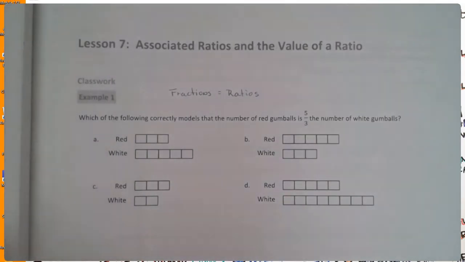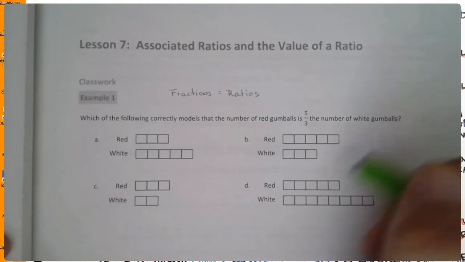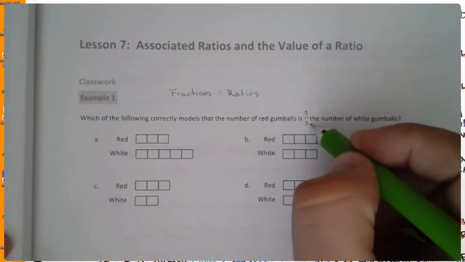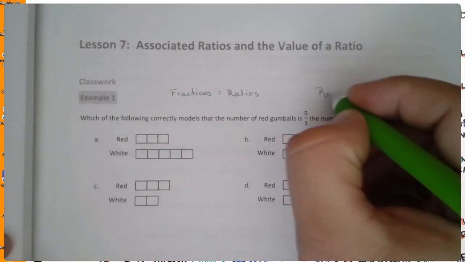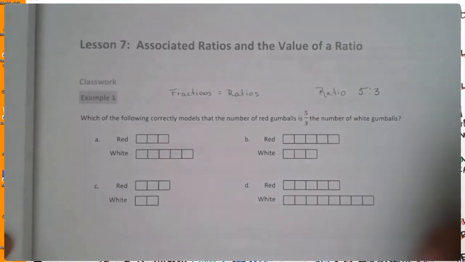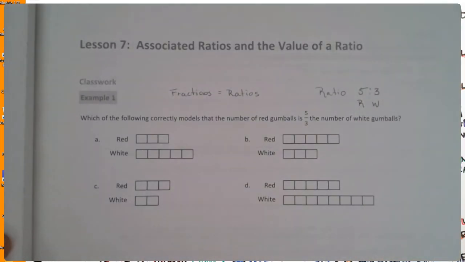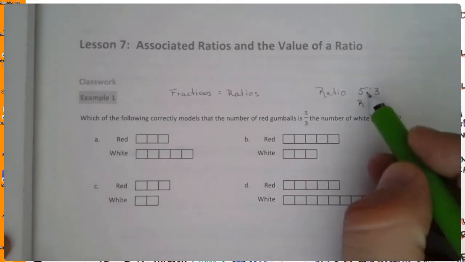So if we're looking at a ratio of 5 to 3 in terms of red gumballs to white gumballs, the fraction is going to read 5/3, but the ratio is going to read 5 to 3, red gumballs to white gumballs. So we're looking for which option out of A, B, C, and D actually matches the ratio 5 to 3.